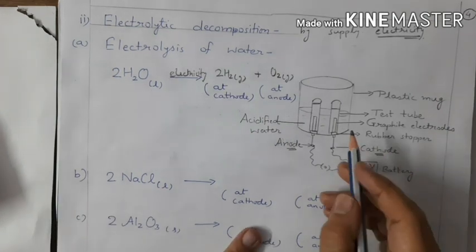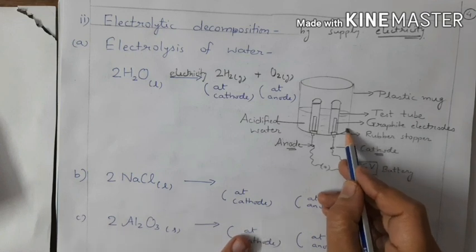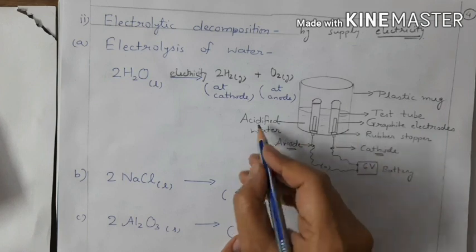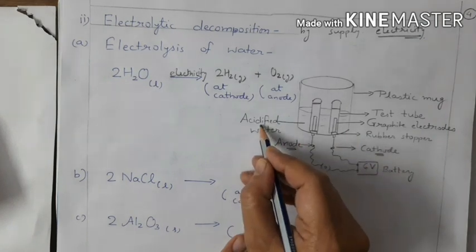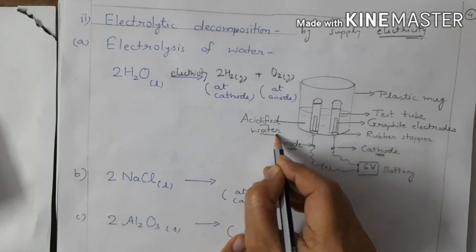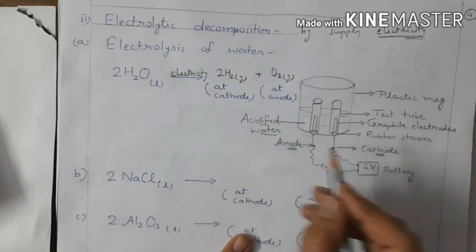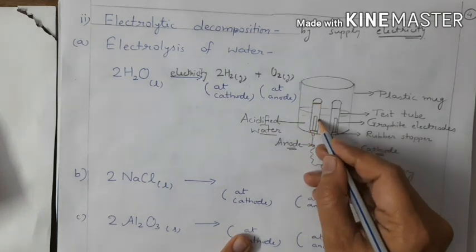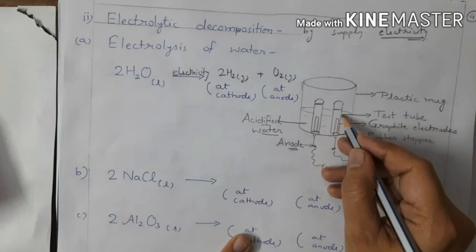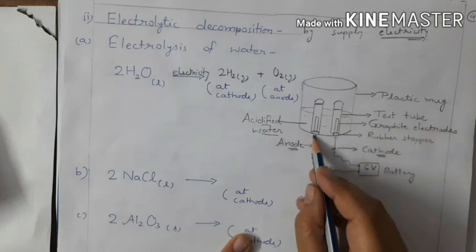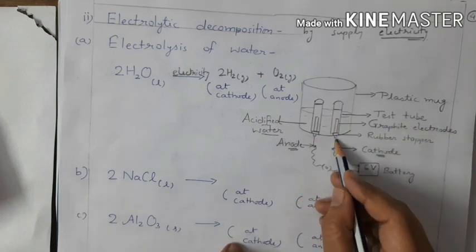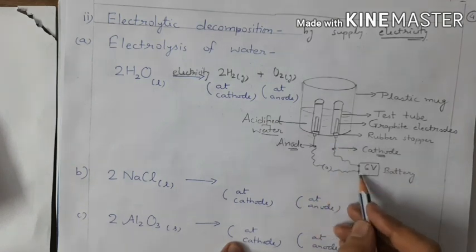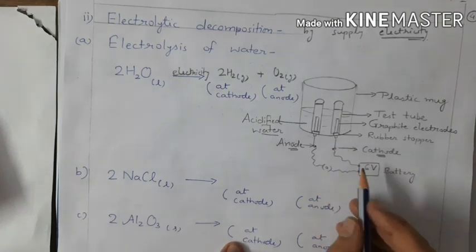Then we take water, to which we add a few drops of sulfuric acid to make the water a good conductor of electricity. Hence I have written here acidified water. After this, we put two test tubes which are filled with water. We invert them over these two electrodes, one at the anode and the other at the cathode.